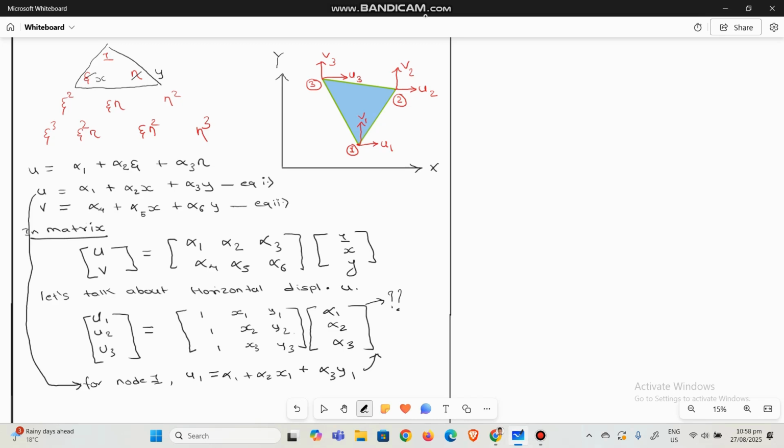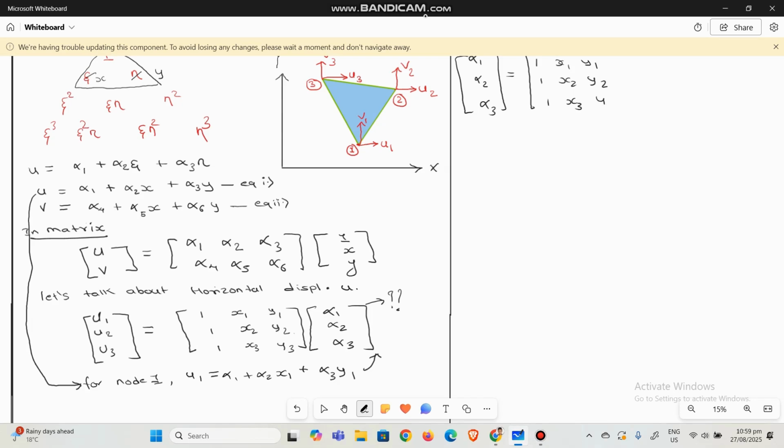We bring alpha 1, alpha 2 and alpha 3 to the left hand side, and take the inverse of this matrix with rows 1 x1 y1, 1 x2 y2, 1 x3 y3.